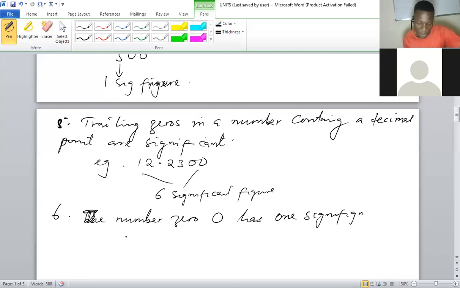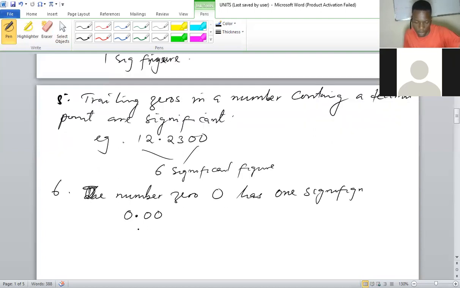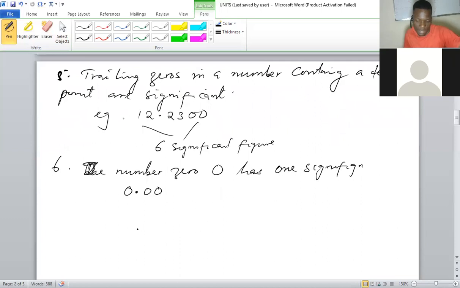So if you have, for instance, 0.00, this is going to show you that those are significant. So you have 3 significant figures, and we have that point there.